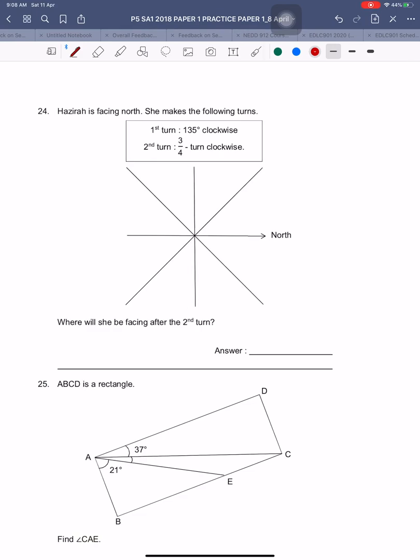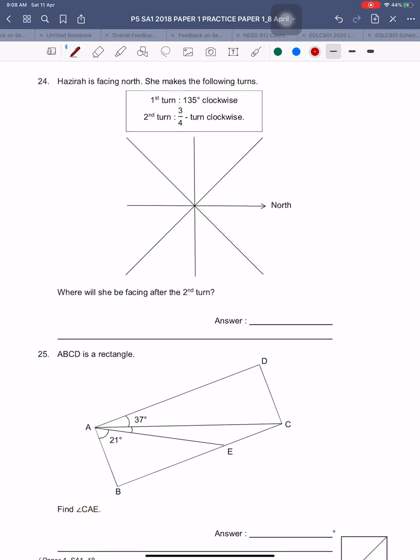Question 24. Hazira is facing north, so he's facing north right now. This is north, and she's going to make 2 turns. First turn, 135 degrees clockwise.